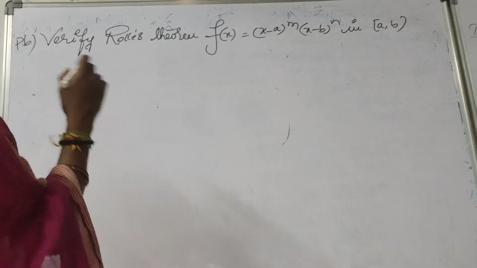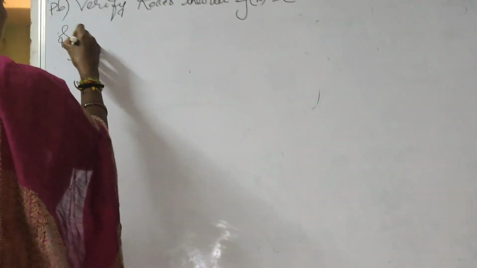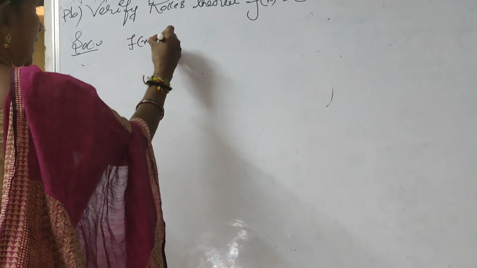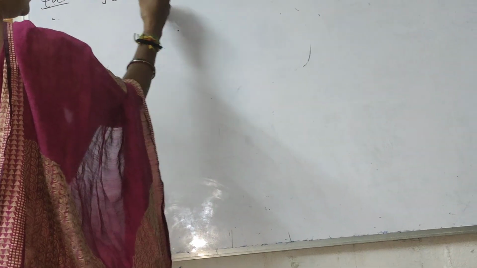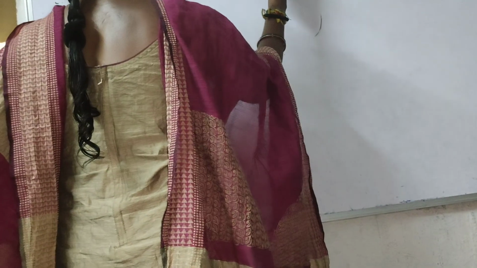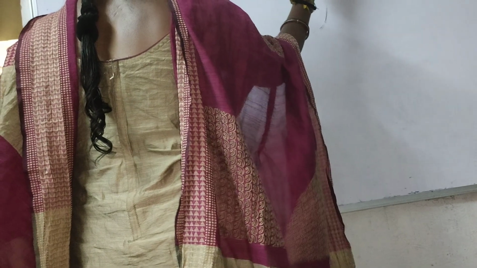First of all, write the given function: f of x equals x minus a whole power m into x minus b whole power n, in the interval a comma b.